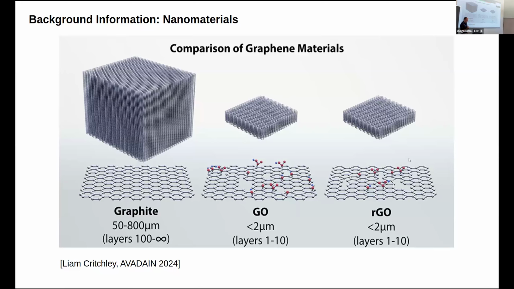There are different versions of graphite, graphene oxide. I won't go into the chemical details, but what is quite important is that we analyze such material before it comes to the market, before it is used in the product.